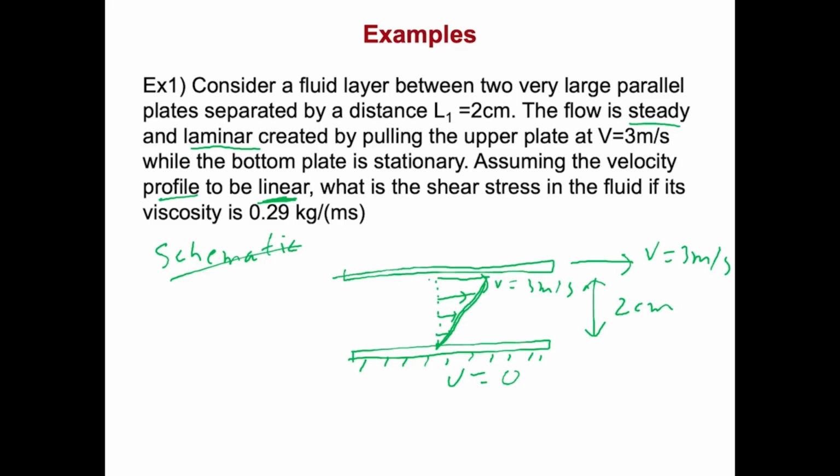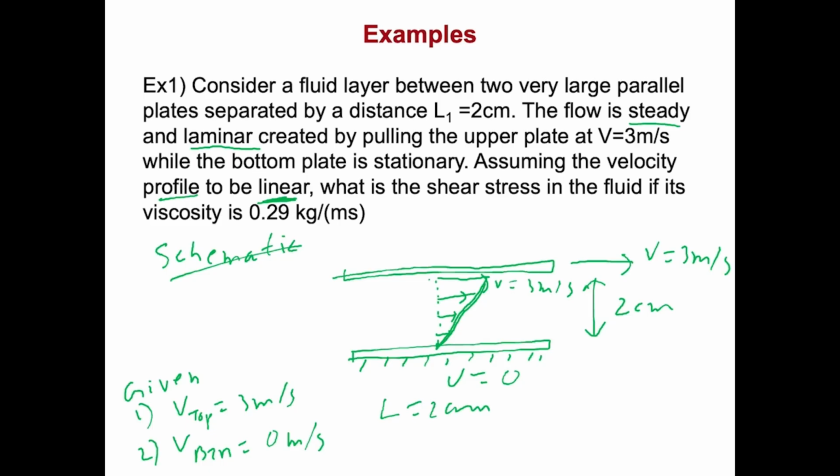On top, a couple of things are given to you, right? First, you have been given the top velocity. V top is 3 meters per second. The bottom velocity is stationary, so that is 0 meters per second. And you have been given the height or distance between the plates, that is 2 centimeters.